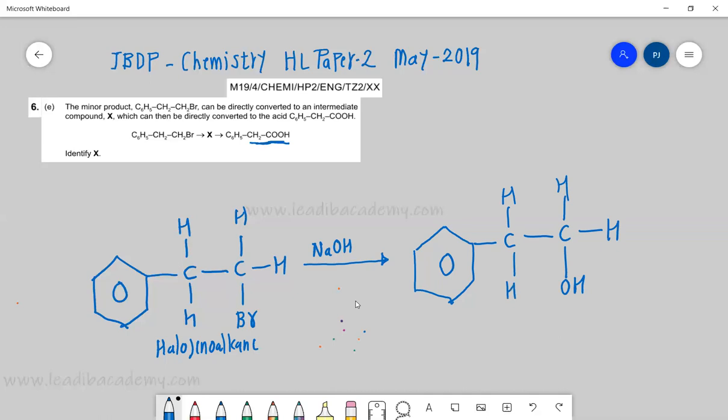Once we get this, it can be oxidized using K2Cr2O7 or KMnO4 oxidizing agent with application of heat. It will get converted into the aldehyde, and then from the aldehyde into the carboxylic acid. So the real thing is that X is nothing but our alcohol.